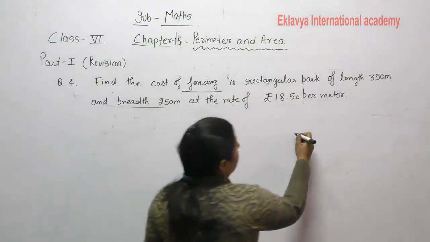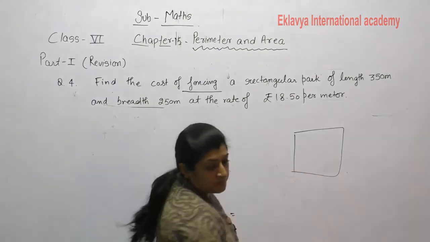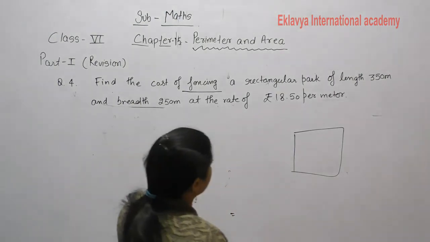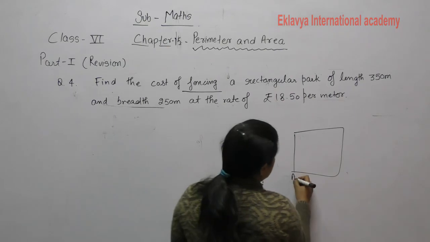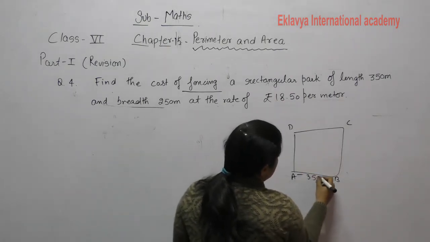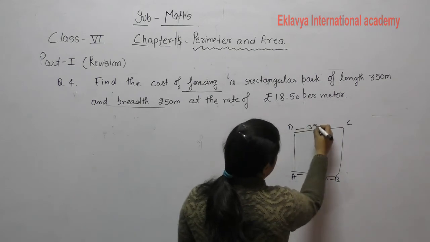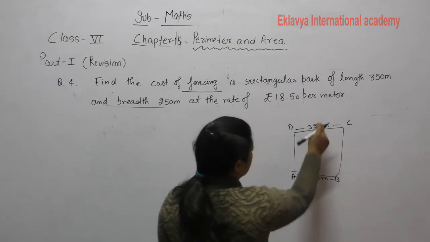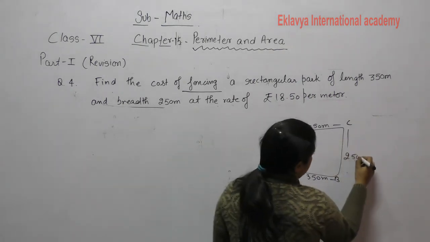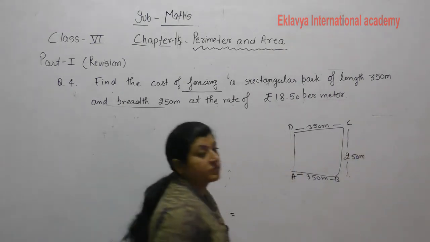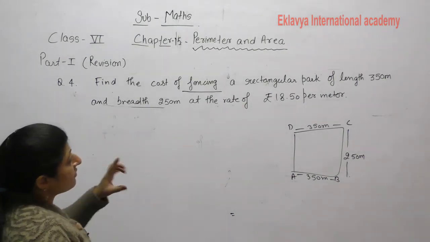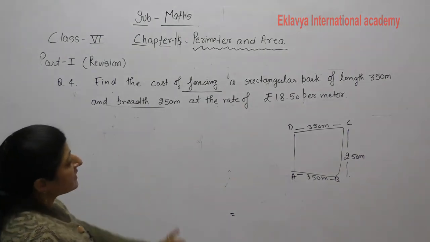Then we can tell, find the cost of fencing a rectangular park of length 350 meter and breadth 250 meter. Now see, find the cost of fencing a rectangular park of this length at this rate.